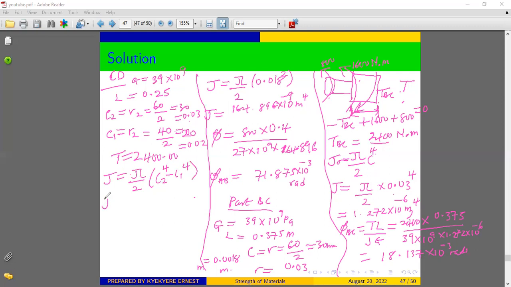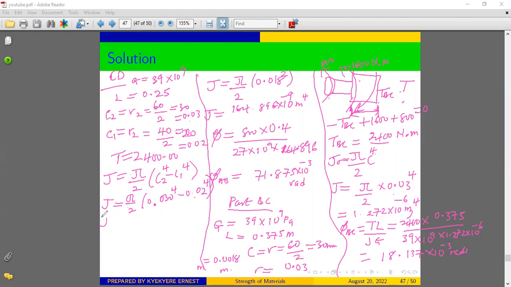And from here, J will be equal to pi times (0.03 raised to the power 4 minus 0.02 raised to the power 4).